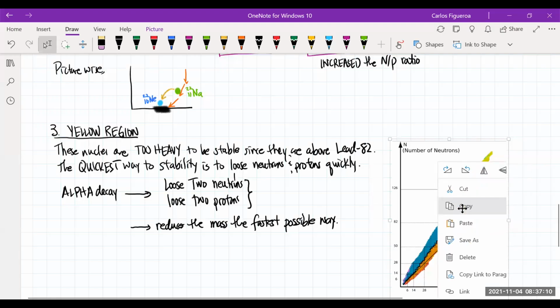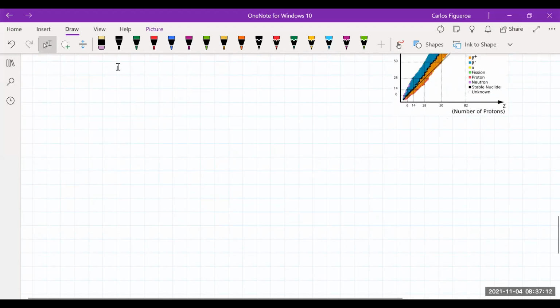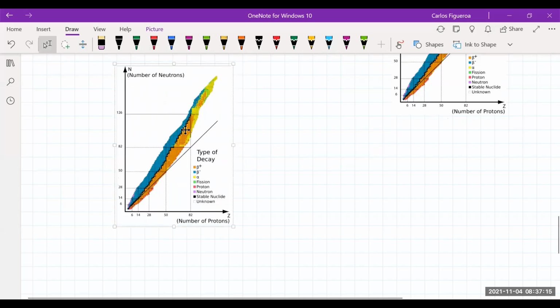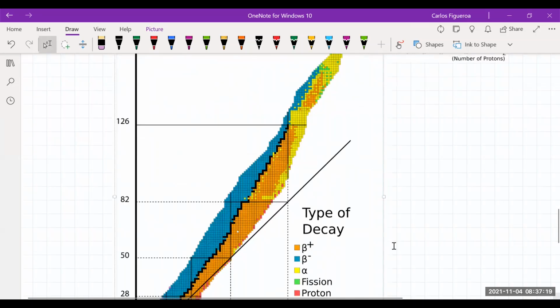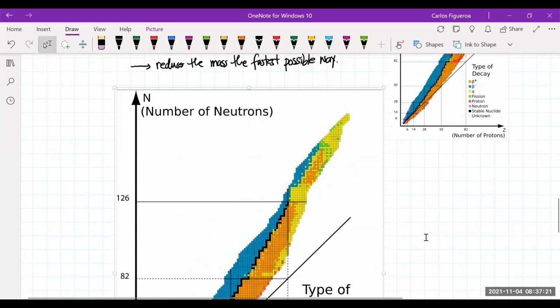I can't blow this up this big and keep it, but I want to show you what I'm looking at right here. So I'm making this thing huge. What I really want you to pay attention to is this orange region right here, and then there's a channel right here. And then you'll see that I get the yellow region.